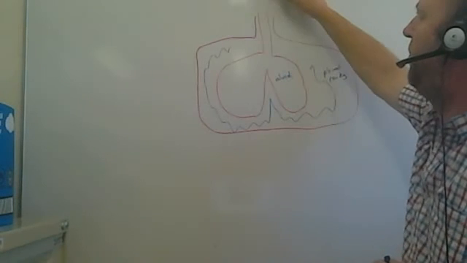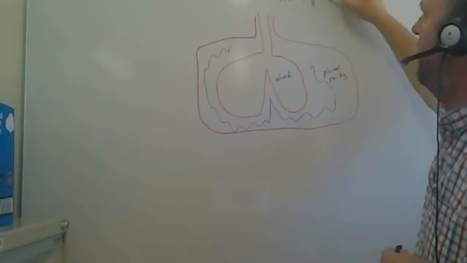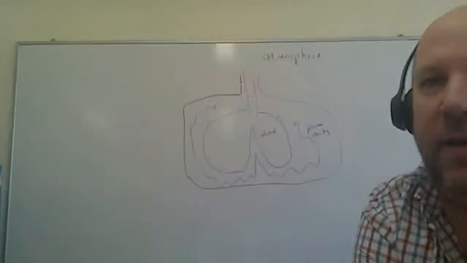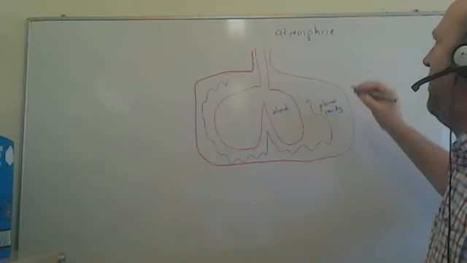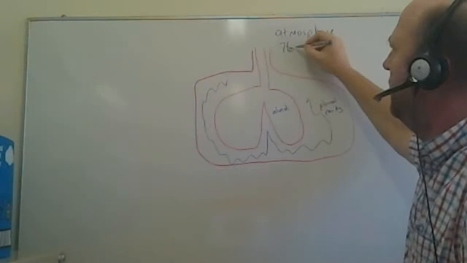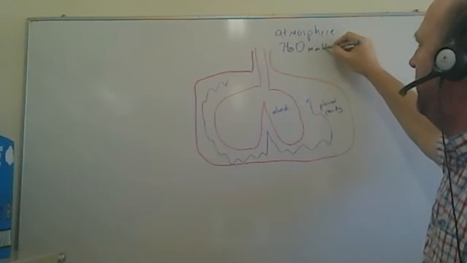And up the top here, we have the atmosphere. Way up the top, too far. The atmosphere. And so the atmospheric pressure, we're assuming standard temperature and pressure, is equal to 760 millimeters of mercury.